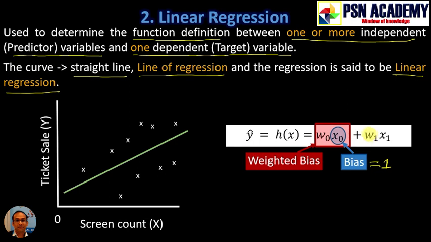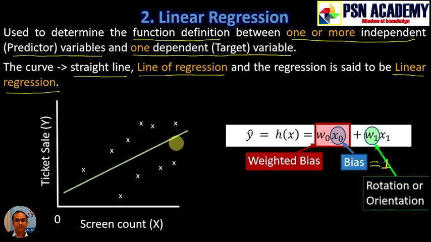Now, I will show you just the overview of what w0 and w1 are doing here. Now, to find out the best line for best fit so that the error is minimized, you have to rotate the line like this. And for that rotation, w1 is working. So, the weight associated with your data is actually responsible for your rotation or orientation.